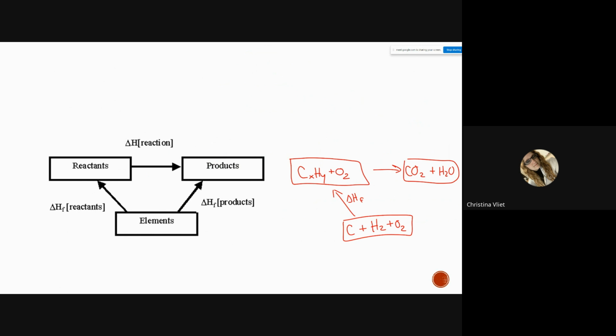If carbon becomes CO2, what is that called? Carbon specifically becoming CO2, what would we call that? I just said it. Carbon would have to react with what to become CO2? So that makes it a delta HC.